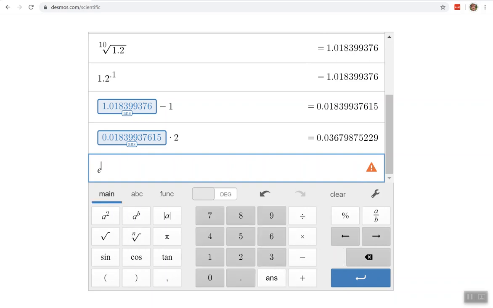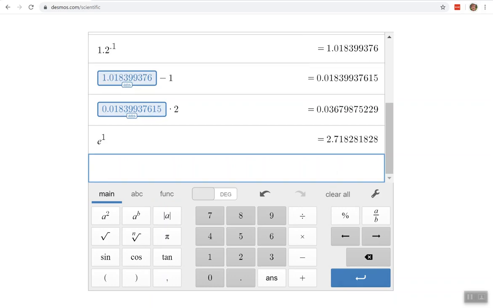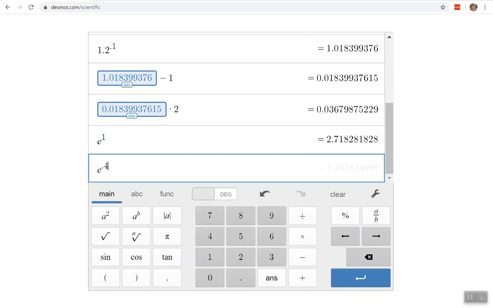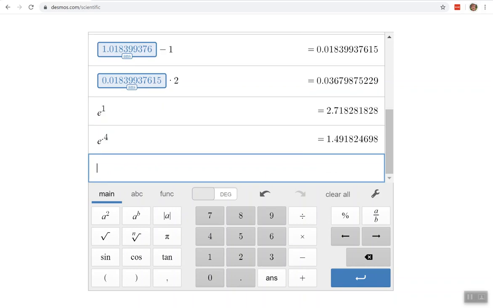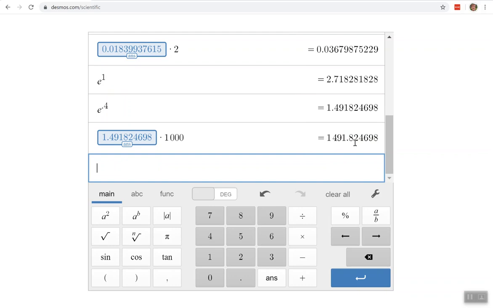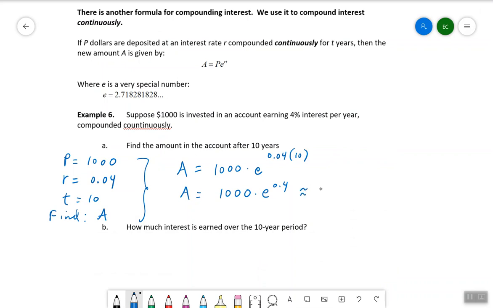In fact, it might be fun if we just went ahead and typed in E to the first power right now, so we could see that special number, 2.718, etc. And what we wanted in our problem was E to the 0.4, and then that answer should be multiplied by 1,000 to give us $1,491.82. And we can box that up.